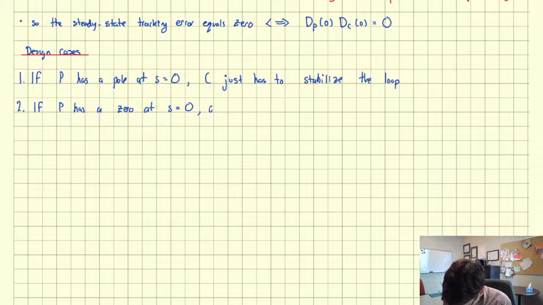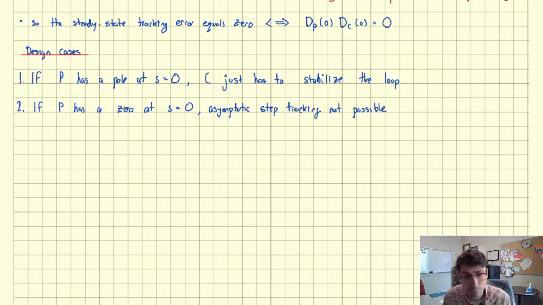Asymptotic step tracking is not possible. Because again, the only way that we're going to get that product DpDc to equal 0 when s equals 0 is by doing a cancellation. We have to cancel the zero that the plant has, and then add another one. Well, as soon as we do that cancellation, we've lost stability.